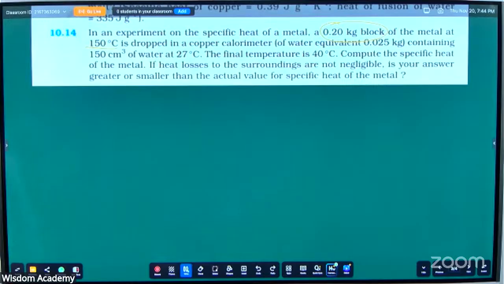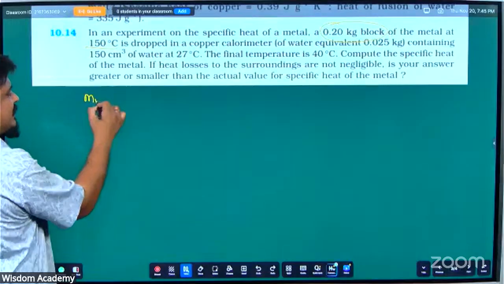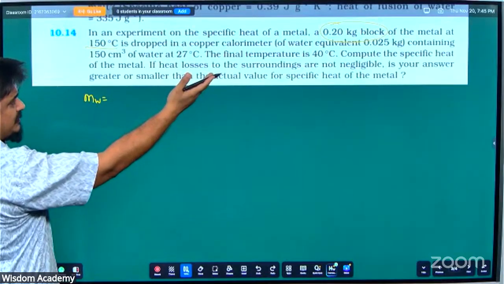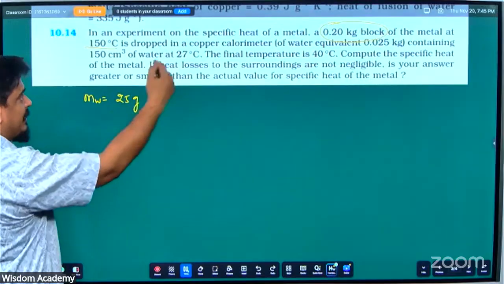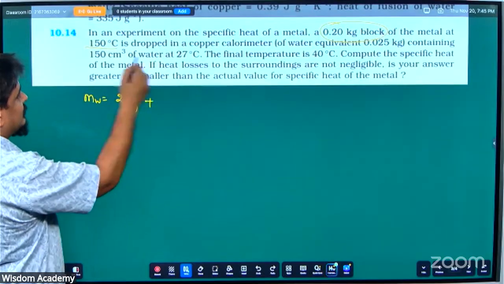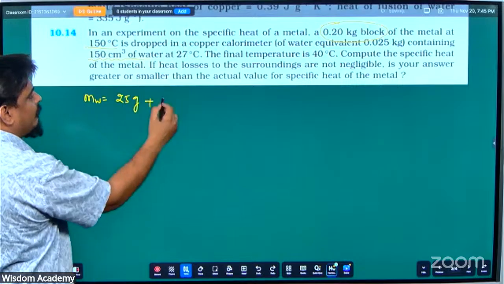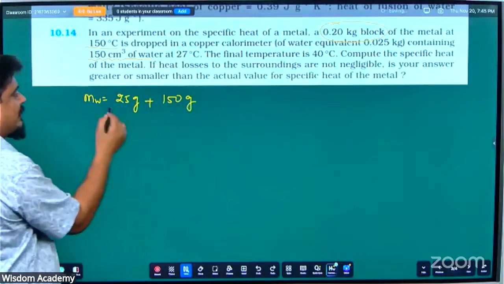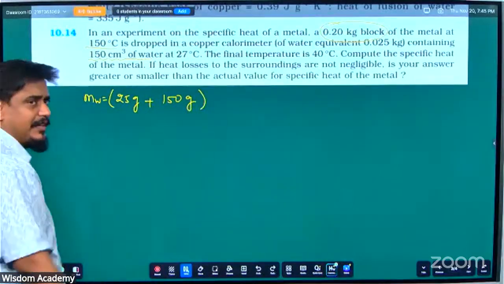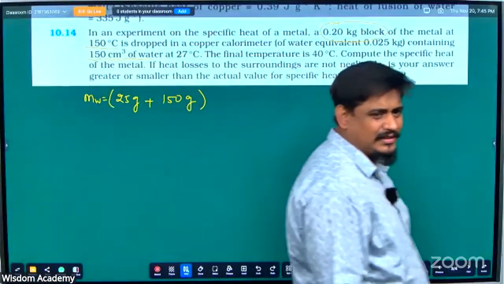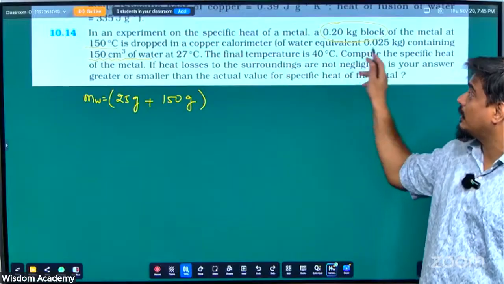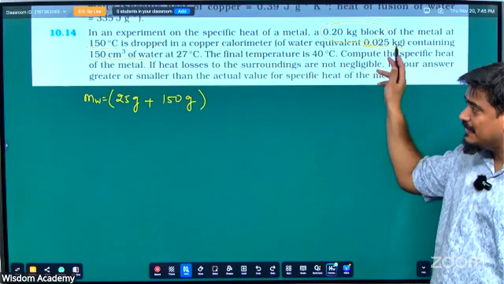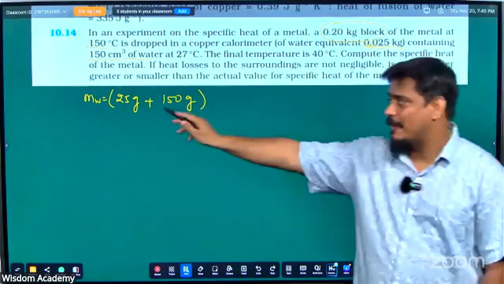The water equivalent is 0.025 kg, which means 25 gram of water. This calorimeter plus 150 centimeter cube of water will become 150 gram of water. Total water mass is 25 gram plus 150 gram.